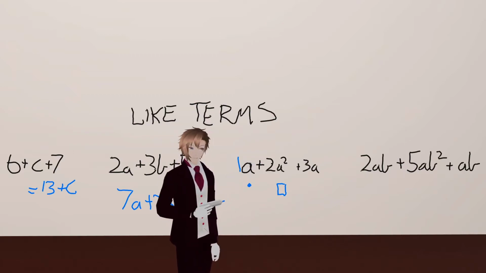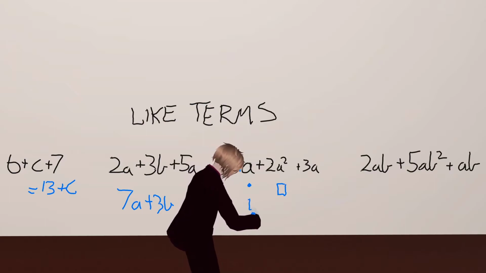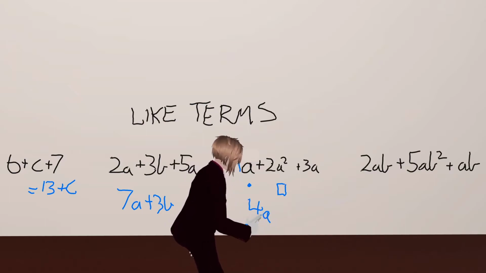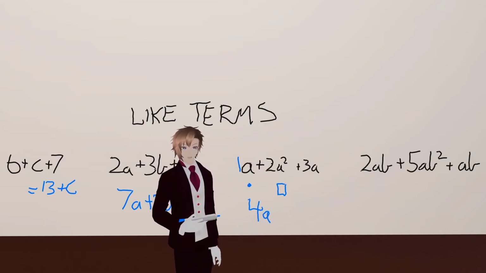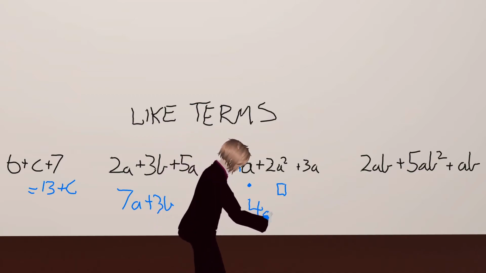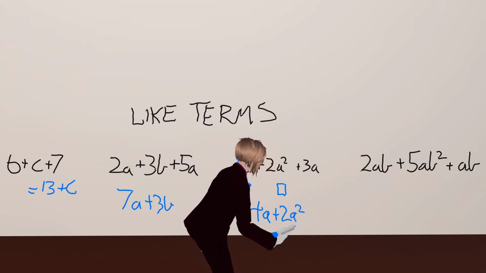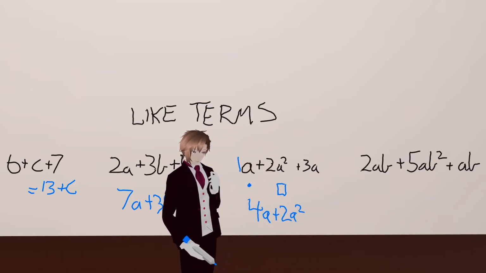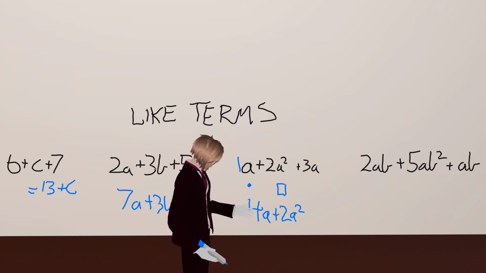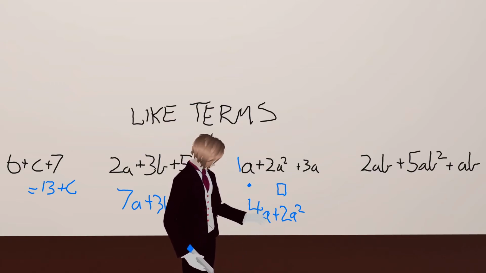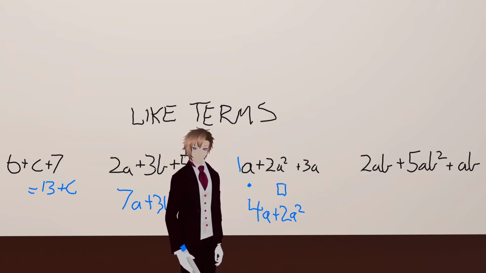We have 1a plus 3a, which is 4a. And then we have plus a squared, plus 2a squared. So in a way, this is saying we have 4 dots and 2 squares.